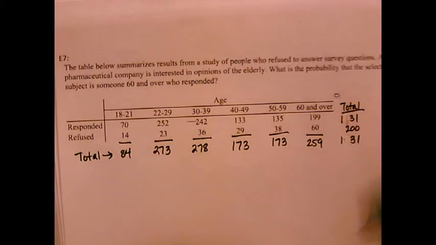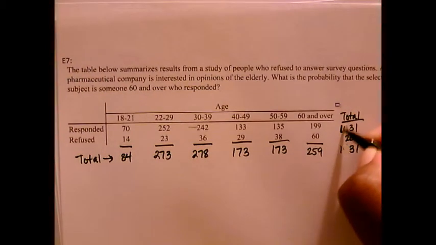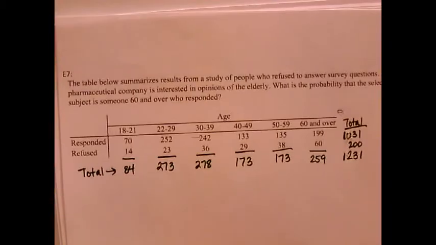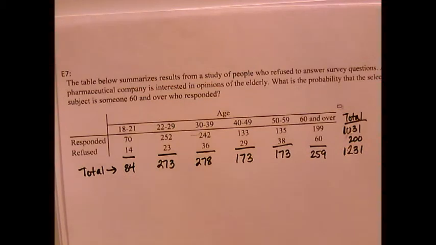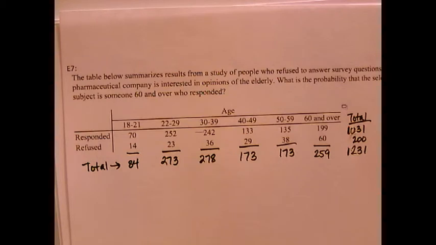This should be 1,031 up here. So this is 1,031. And this will be 1,231 for the grand total. Okay. So if you add these numbers going across, it should be 1,031. And then that second row for refused, this total should be 200. And then you should get 1,231 as the grand total.